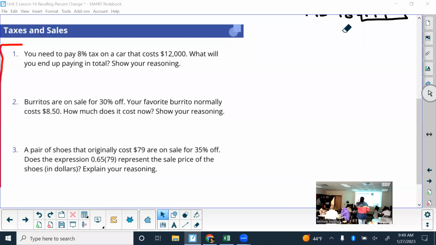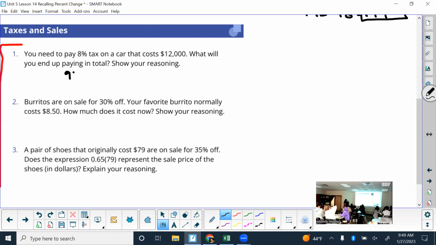Okay, table 2. What did they end up paying total in number 1? 960? Is that what they ended up paying for the car, class? What is the 960? That's the tax only. How do I find the total cost of the car?